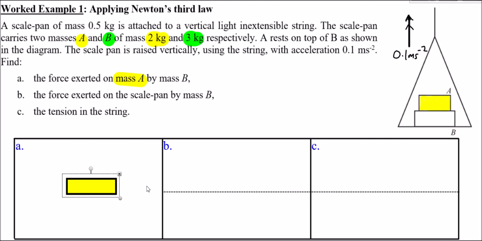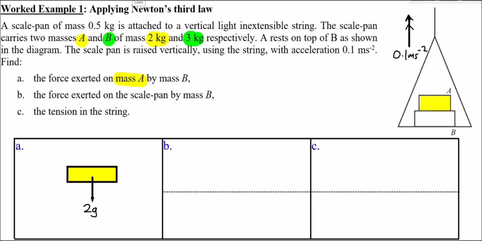So let's now consider all forces acting on mass A. Obviously going downwards, it's going to have the weight acting on it. The weight is going to be its mass times g, so the weight going down is going to be 2g. I'll just move this up a bit actually, so I've got plenty of space.